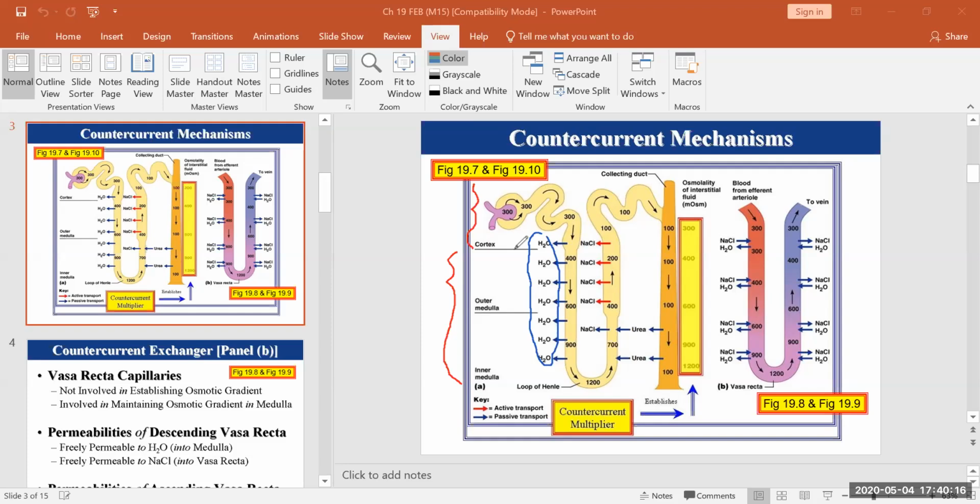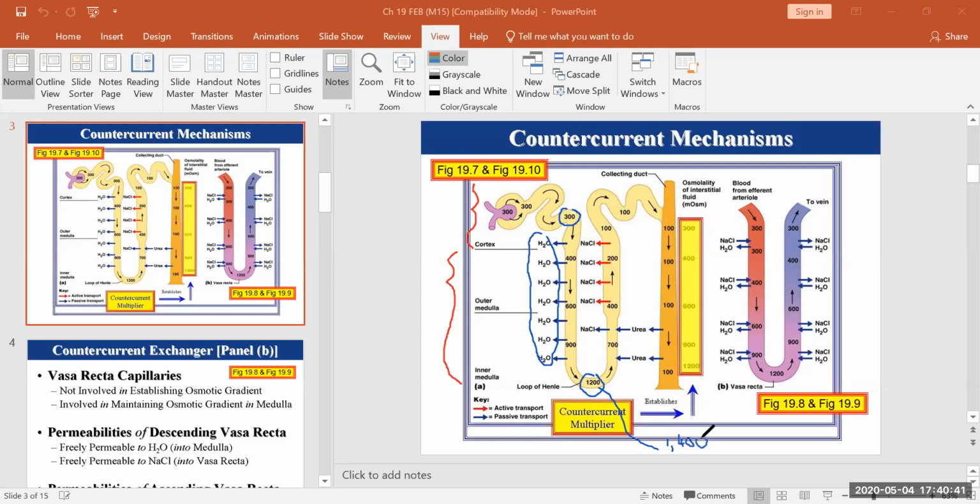So the descending limb of the loop of Henle is concentrating that filtrate as it moves deeper and deeper into the inner renal medulla. So we are concentrating from 300 all the way down to 1200. It can go as high as 1400.